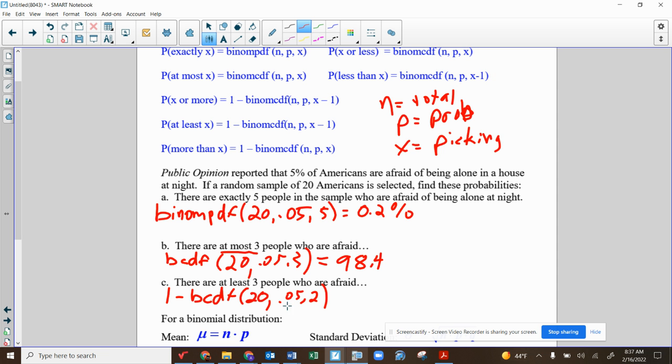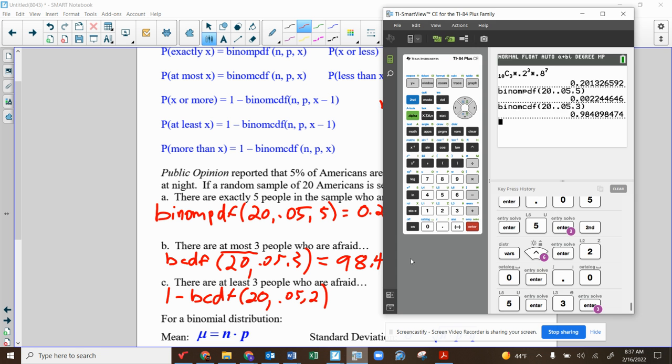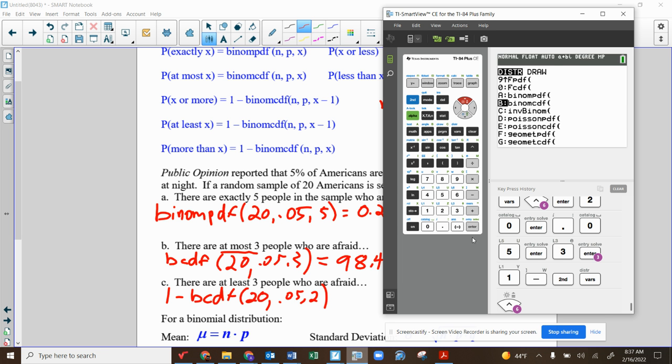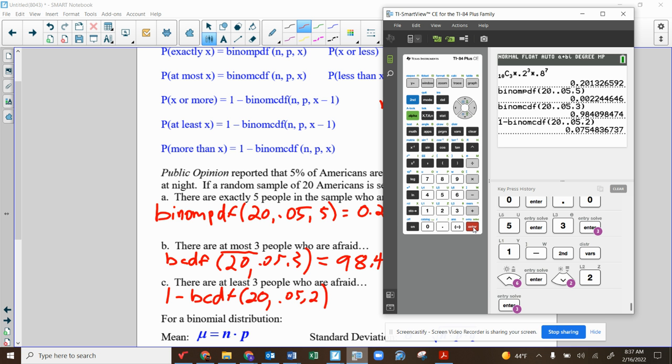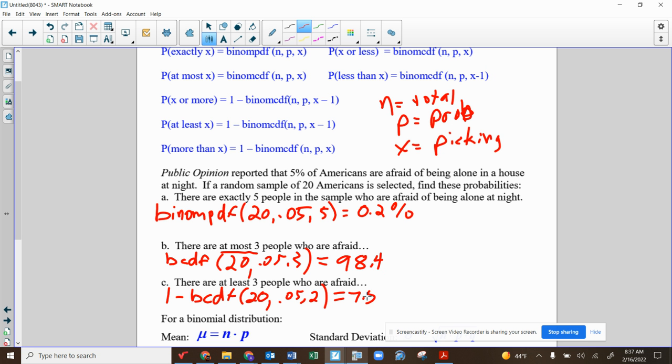If you want to write it as literally write 3 minus 1 in there, that's fine. So then you type this one in as 1 minus second vars binomial CDF 20, 0.05, and then change that to a 2. So 7.5%.